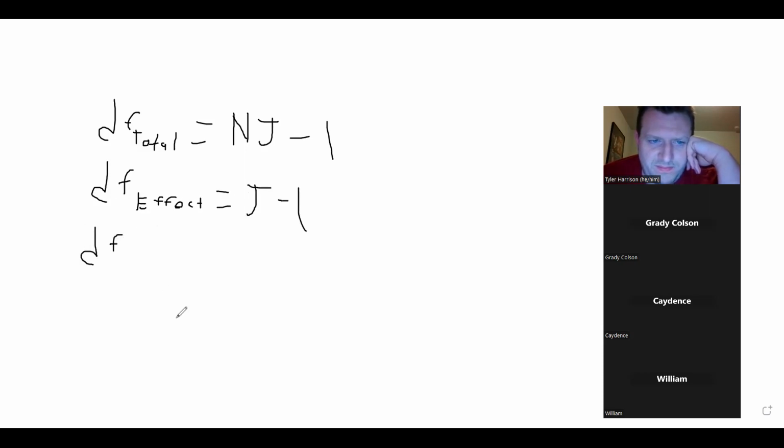Degrees of freedom for subject is equal to n minus 1.